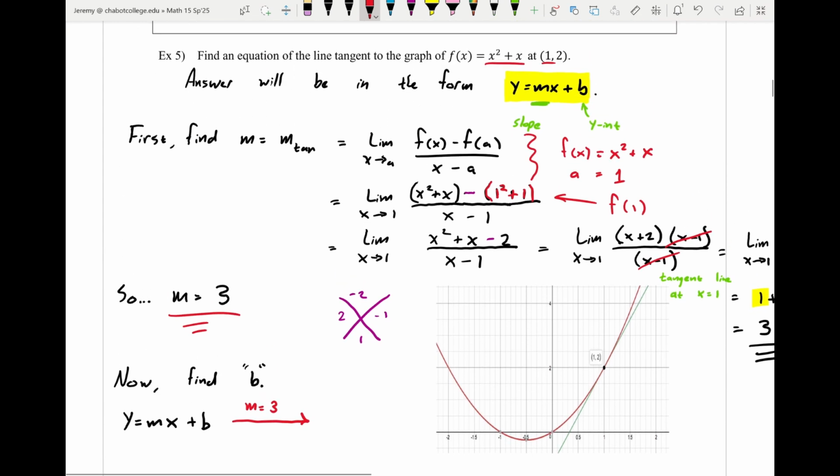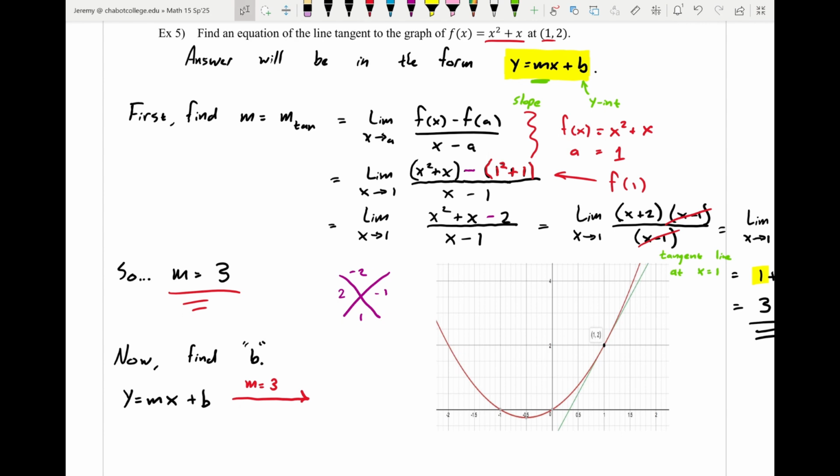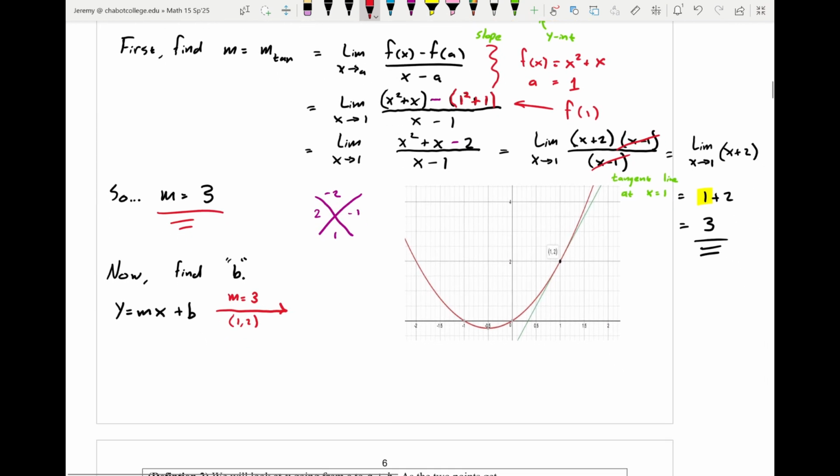And we can use the ordered pair, any point that's on this line, but we know that the point (1, 2) is on the line. So I'm going to use this ordered pair (1, 2). Right, and you might remember this from your intermediate algebra class. We can substitute in 1 for x, 2 for y, 3 for m, and then we're just left with that one variable b, which we can then solve for.